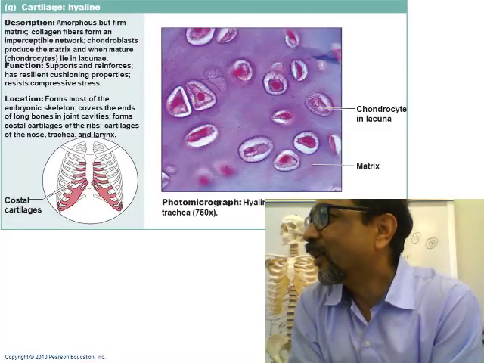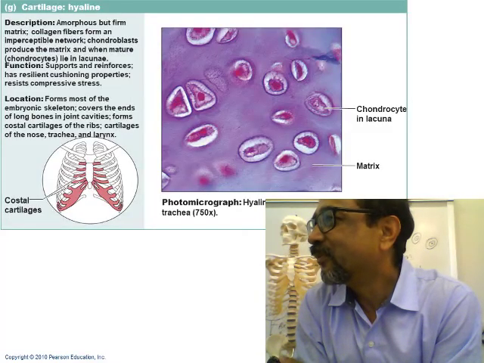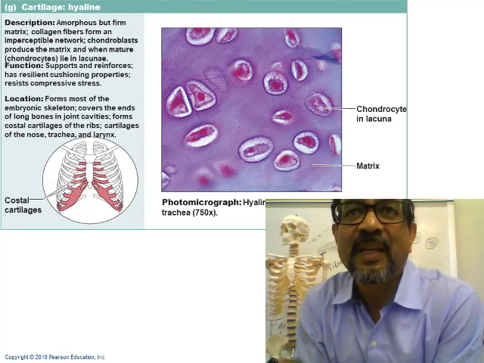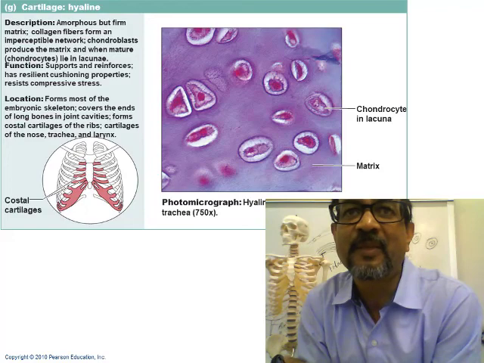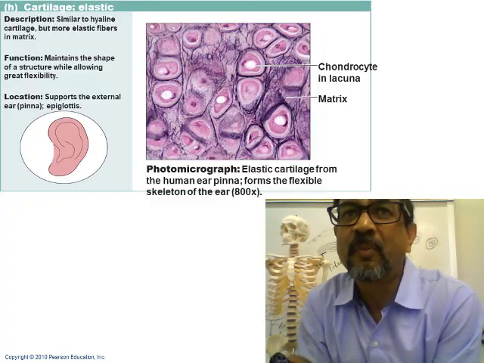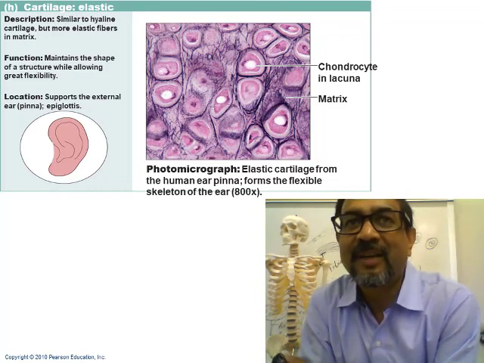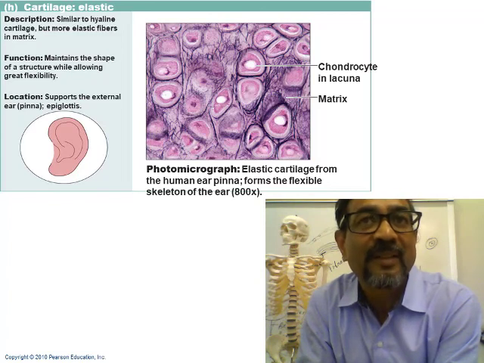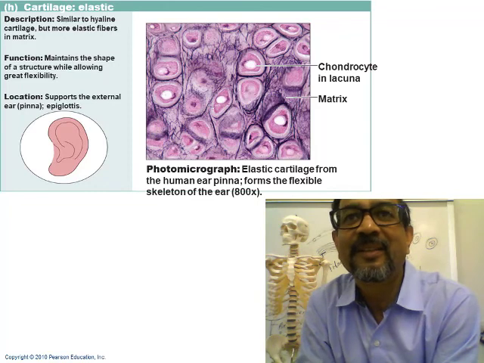Now let's see, it is very easy to separate. You see here, hyaline. No what? Fibers, right? Few cells in lacunae, plenty of matrix. Make sense? A lot of matrix, few cells, no fibers. Here, few or more cells? More cells, right? Many cells, and that's why a small amount of matrix, but in the matrix you have fibers or not? What type of fibers? Elastic fibers.